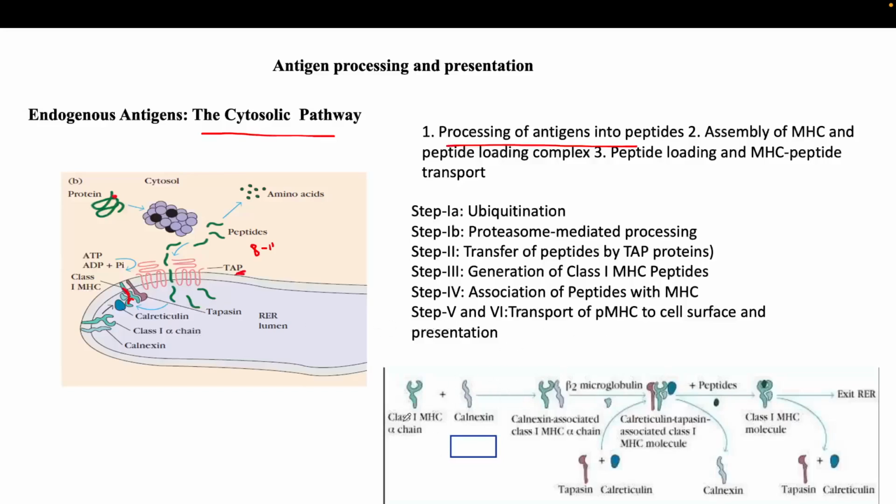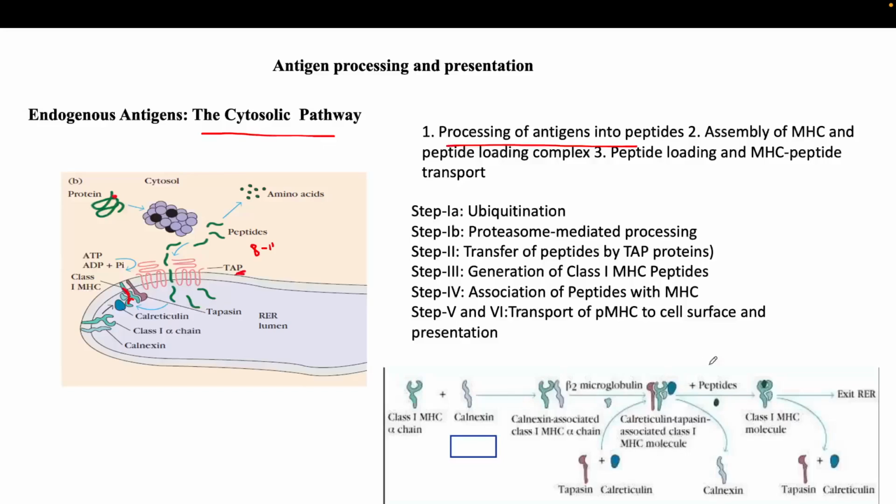Like initially the class 1 molecule is bound with calnexin. Okay, and it will create the calnexin associated class 1 MHC alpha chain. Okay, then beta 2 microglobulin will attach here, and form the calreticulin tapasin associated class 1 MHC molecule.